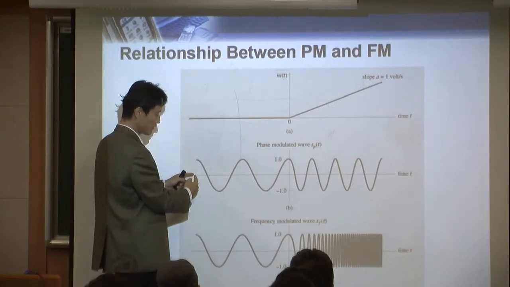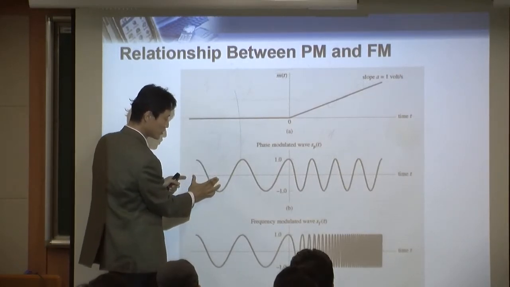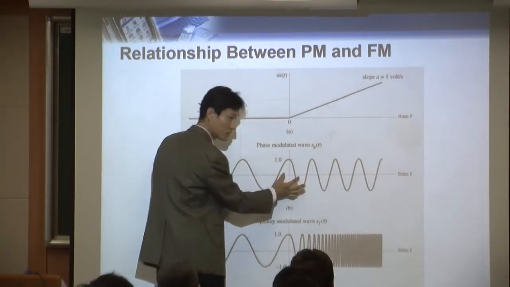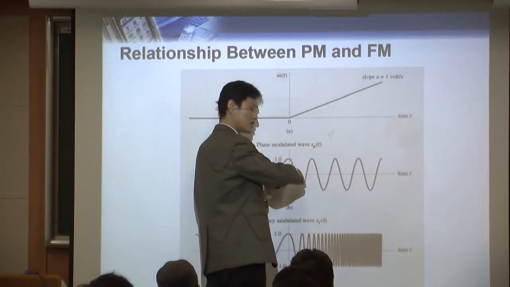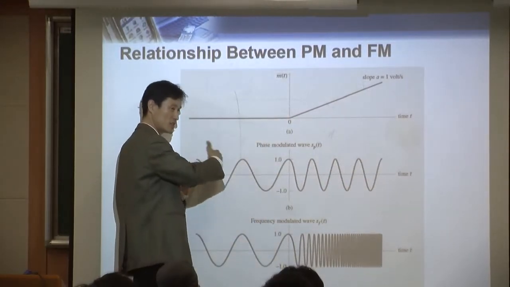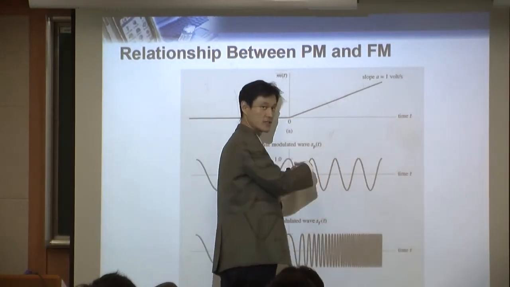So from phase 0 to phase 180 degrees, you have this much space, but in this case, you have a shorter space, which means the phase is changing a little bit faster. This one, the phase is changing at this speed, but this one is changing faster. Why is it going faster?